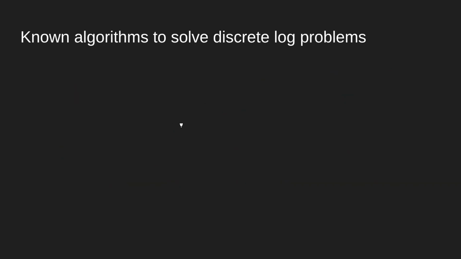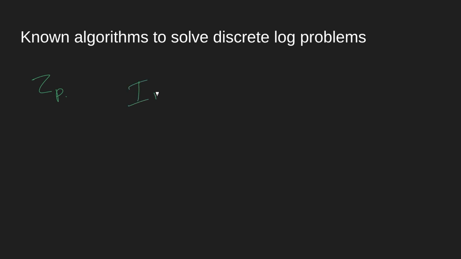Of course, there are known algorithms to solve these discrete problems in this integer group. When it comes to secp256k1, we are going to work with a group in the elliptic curve. That is completely different. So far we have studied modular arithmetic, because even the elliptic curve is based on modular arithmetic. When it is based on modular arithmetic, there are some known attacks or algorithms to solve the discrete log problem.